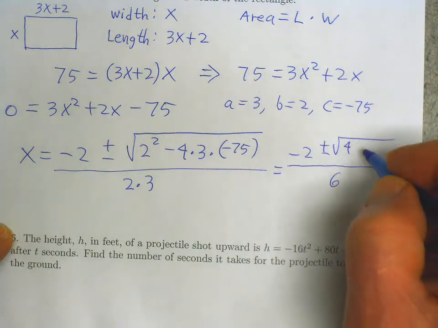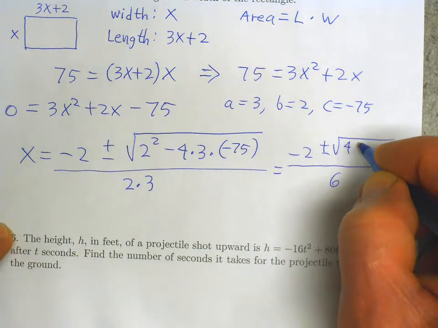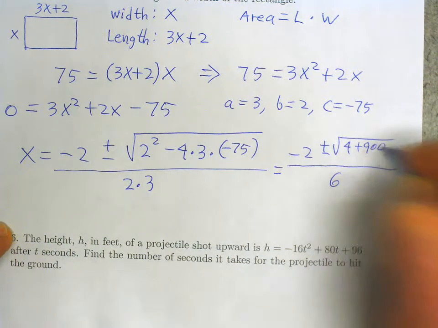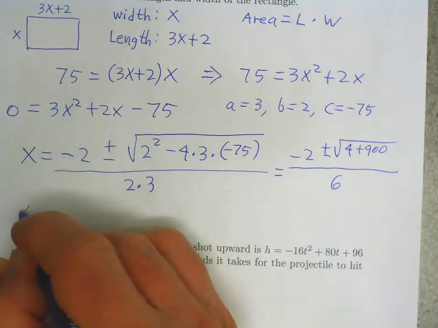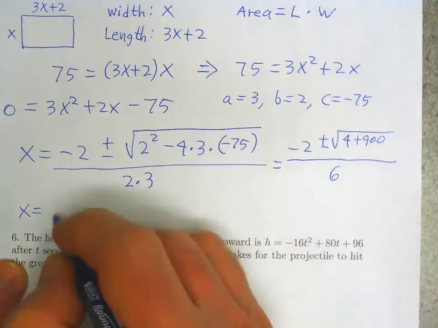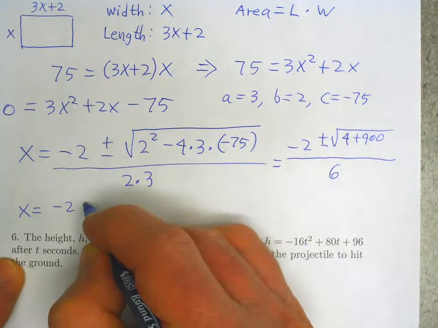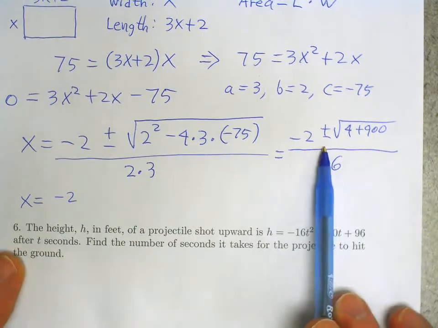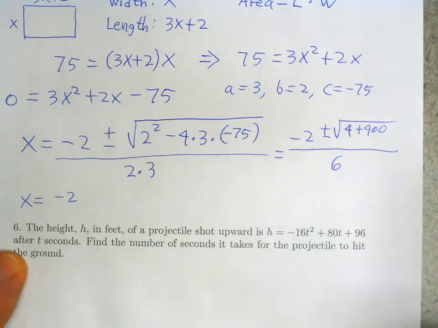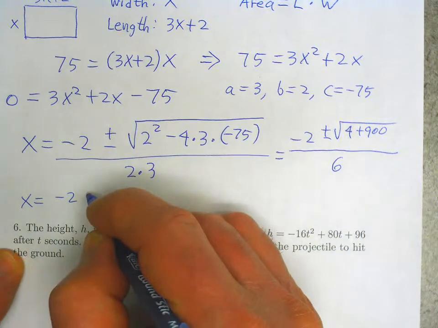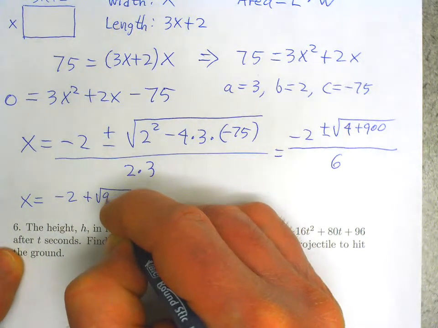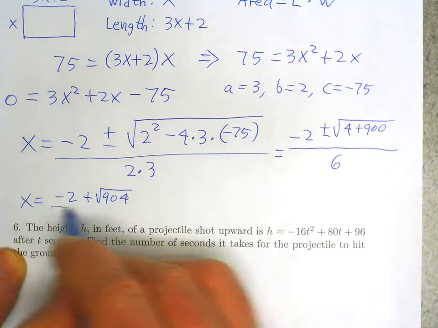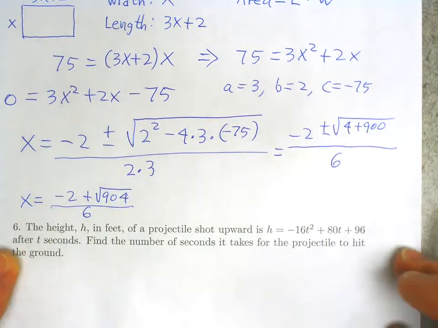So 4 minus negative 900 is 4 plus 900. So we get negative 2. Once again, the solution we get by subtracting doesn't make sense, so this is going to be plus the square root of 904 divided by 6.